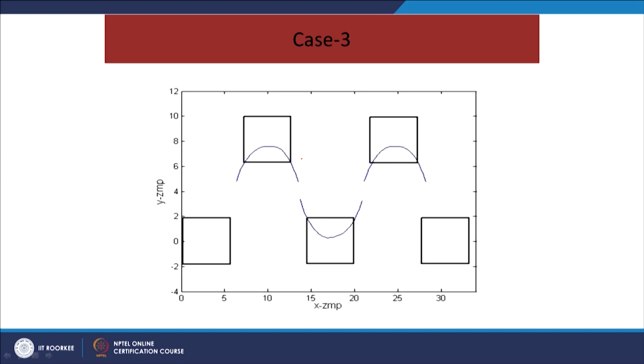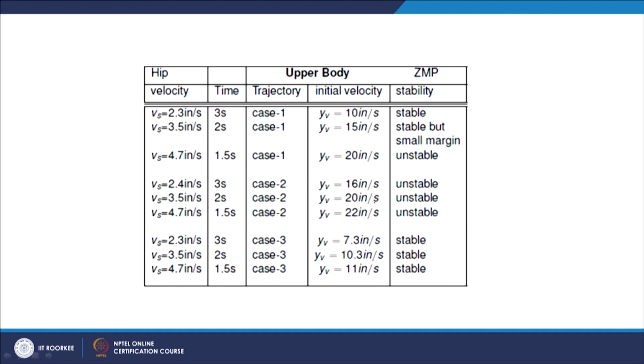In case 3 we calculated for one particular data, and it shows that it always lies within the stability region. So, this is the simulation result.